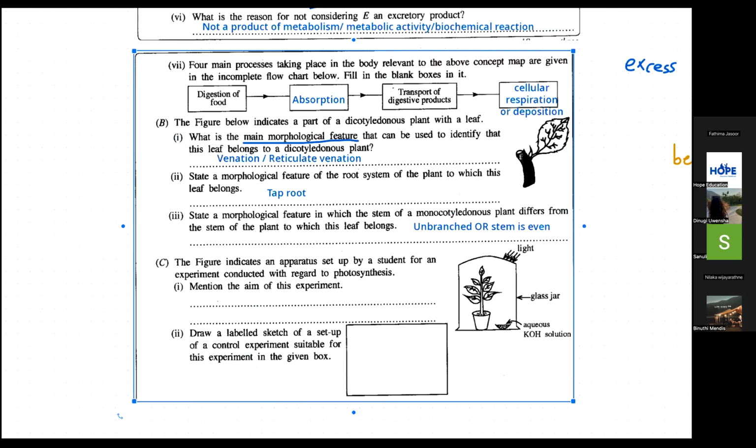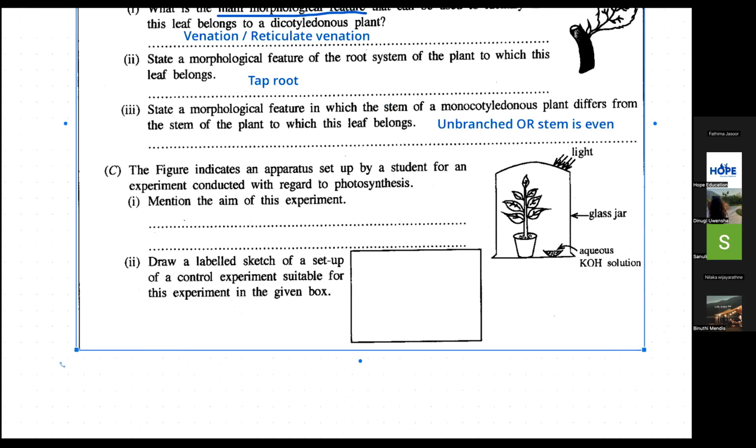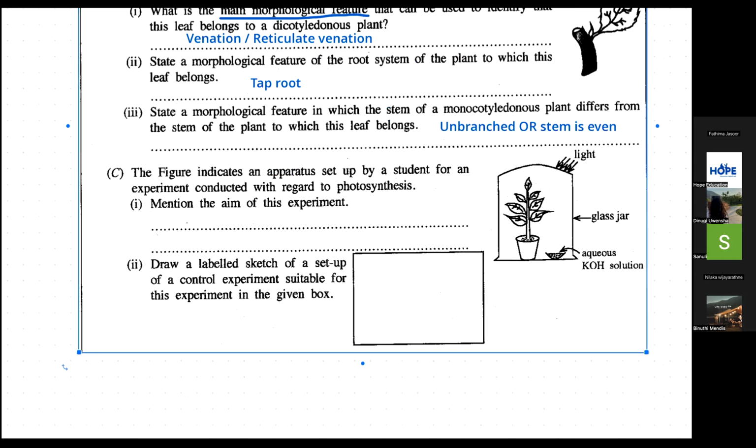Then the figure indicates an apparatus set up by a student for an experiment conducted with regard to photosynthesis. Mention the aim of this experiment.